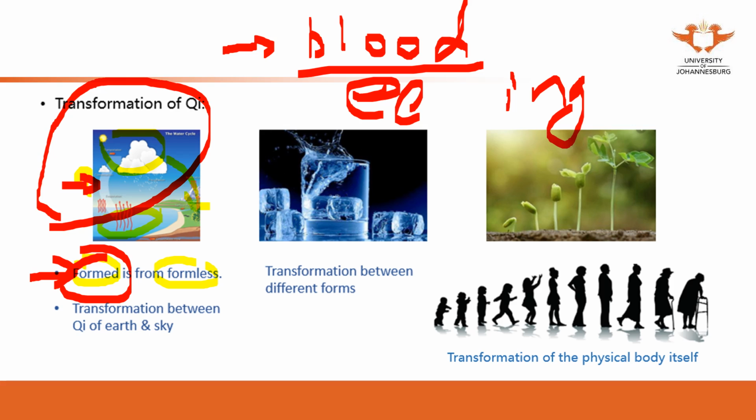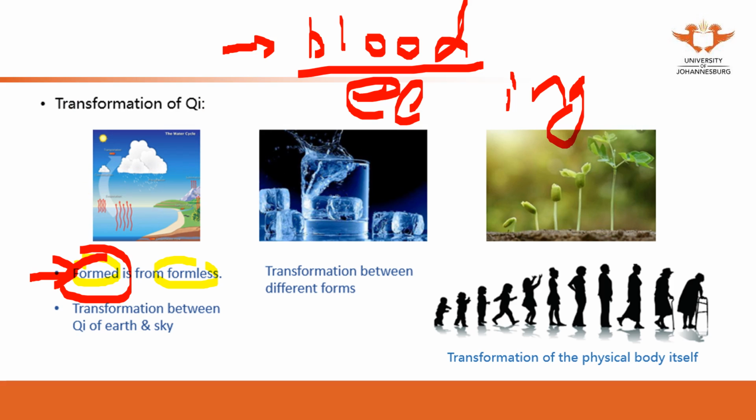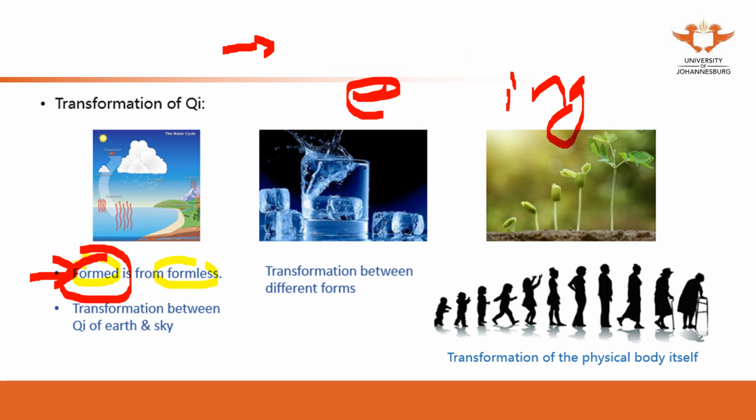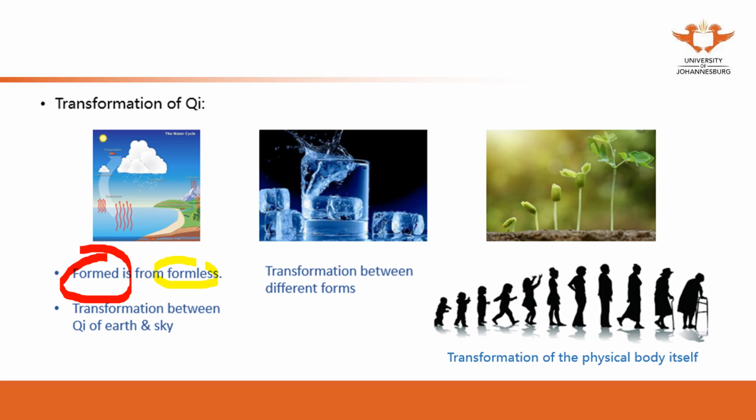How can we create the blood in the body? We need to think about the formless. The formed is from the formless. The blood is the formed. Where does the blood come from? It's from the formless. What's formless? Blood you can see, that's formed.